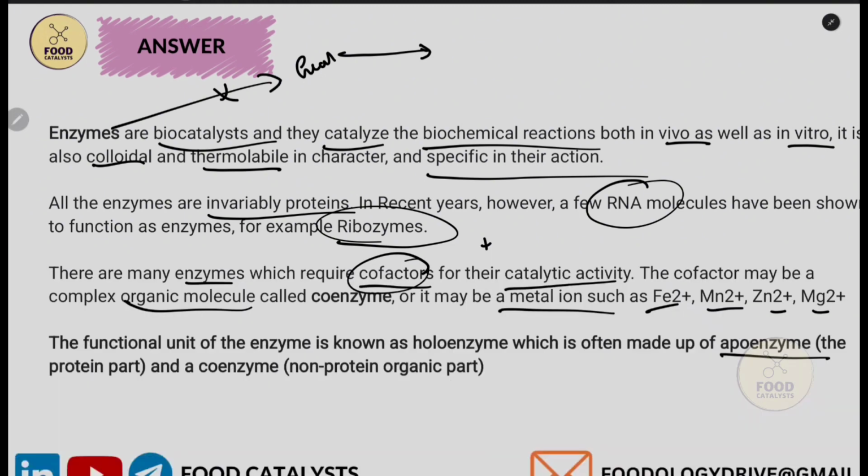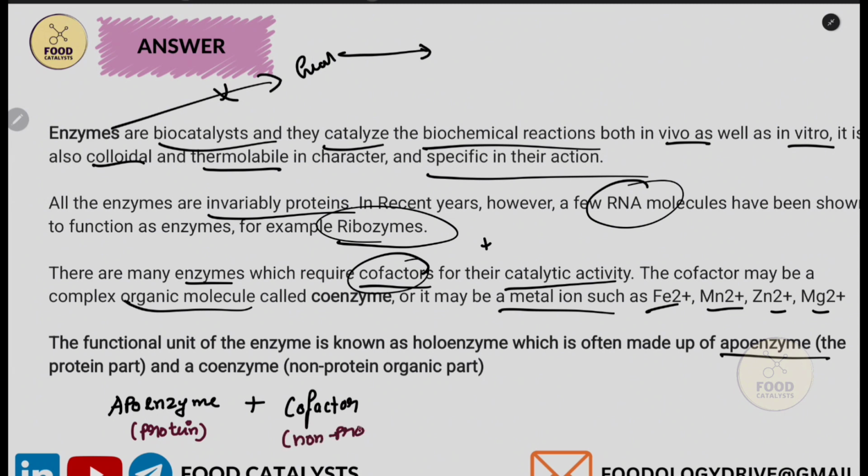So how we can write is, apoenzyme, plus, this is a protein part, so I'll write this as the protein part, and I am adding this with a cofactor, right? The cofactor is obviously a non-protein.